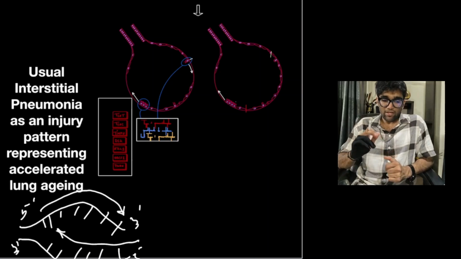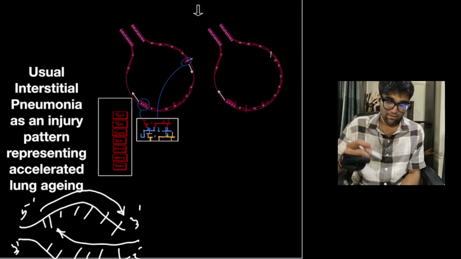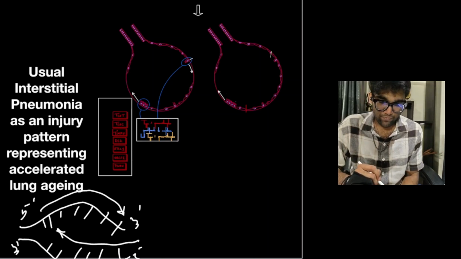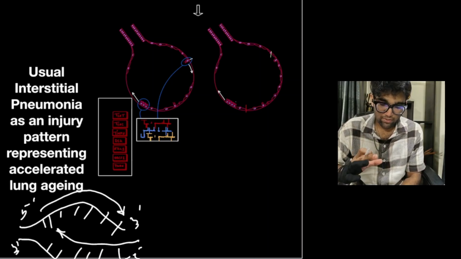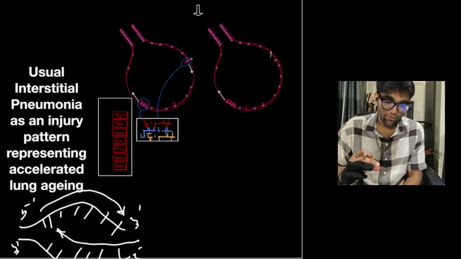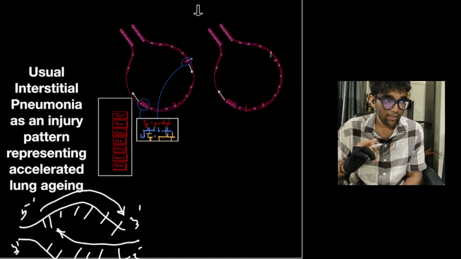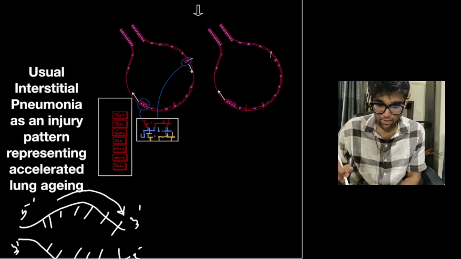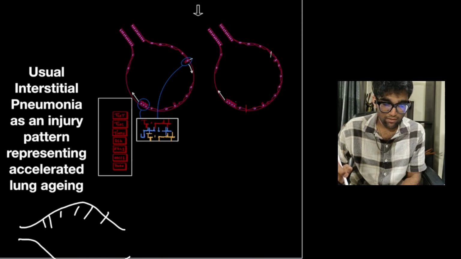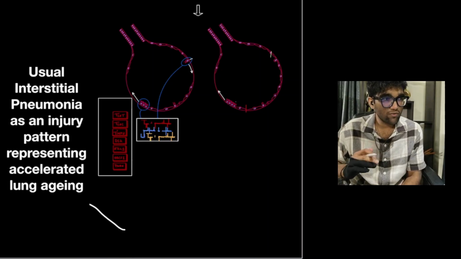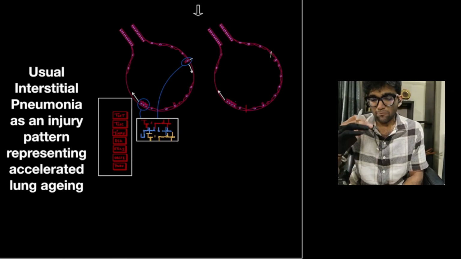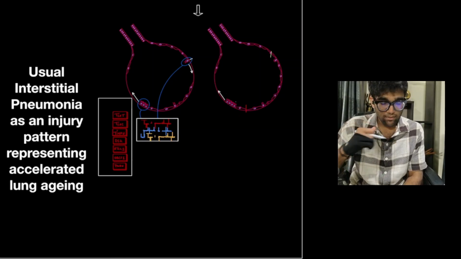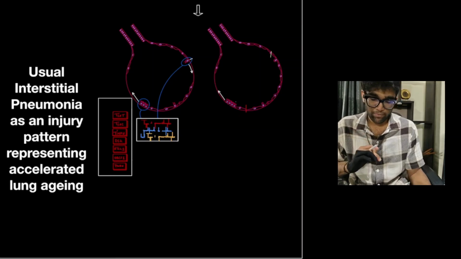Now in this strand, every time you open up the replication fork a little bit more, you will have to again start replication. Okay, so what ends up happening is, by the time you reach the ends of the two DNA strands, there is a little bit of DNA that is always not replicated on the strand that is getting replicated in the opposite direction, that is in the 3' to 5' direction.